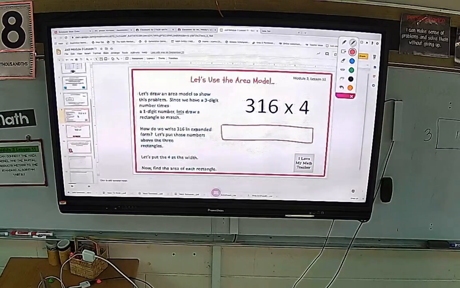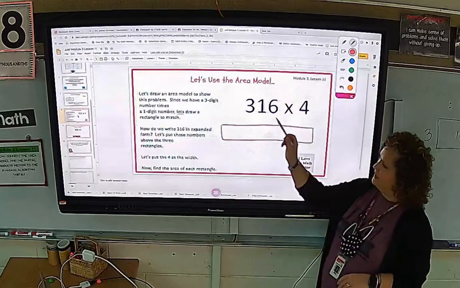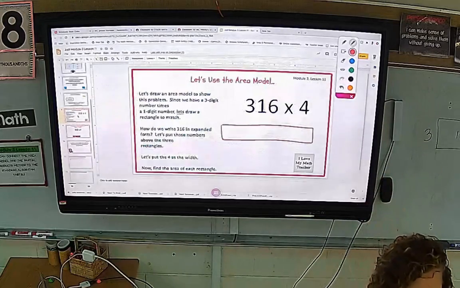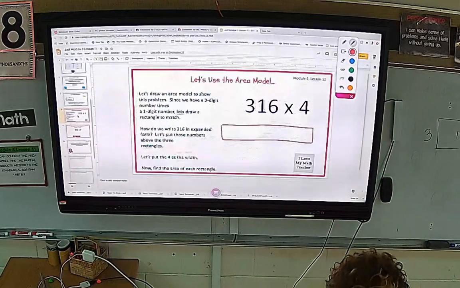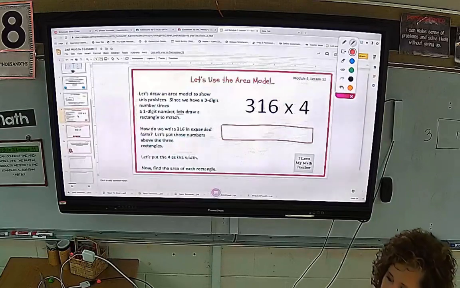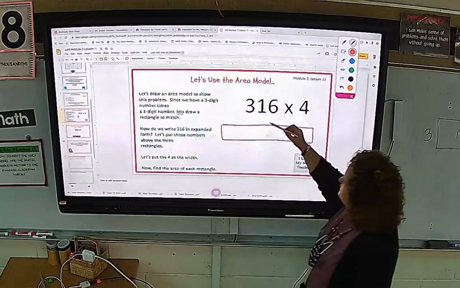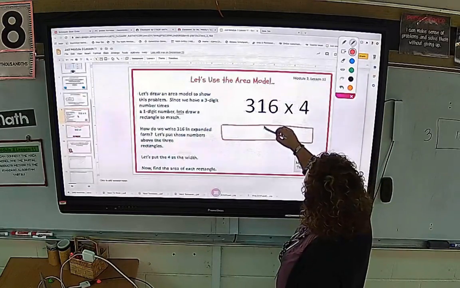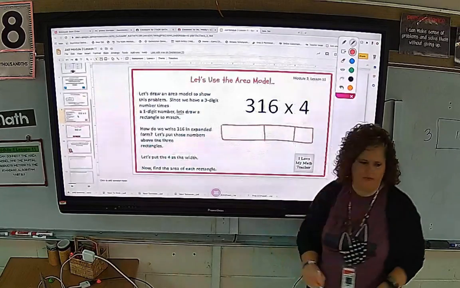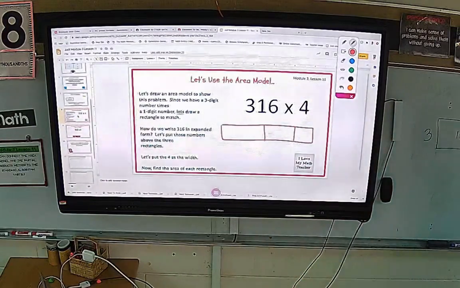Okay, so we're going to divide this into 3 sections. And a lot of times when you see the area model cut into pieces, they put a larger piece for the hundreds place, maybe a more medium-sized piece for the tens place, and a smaller piece for the ones place. So if we cut it, maybe about there and about there, it's not going to be perfectly exact. But we need 3 sections for our 3-digit number.